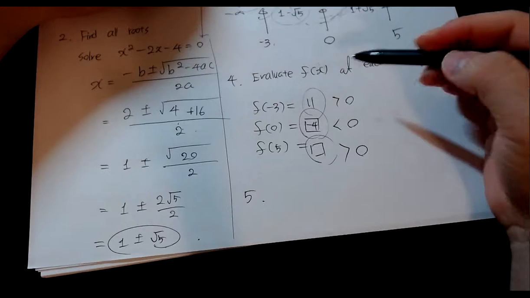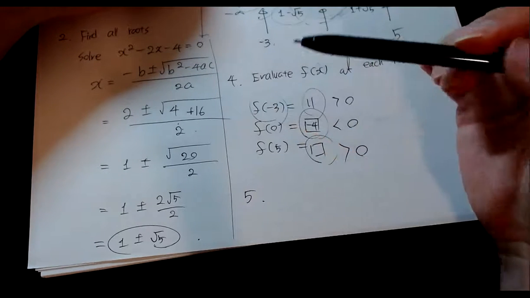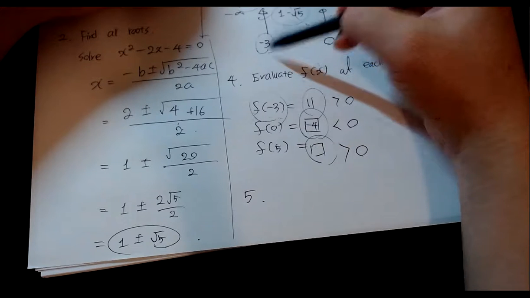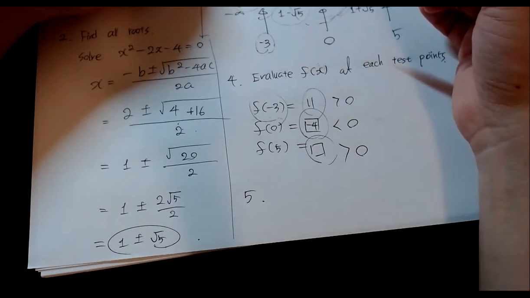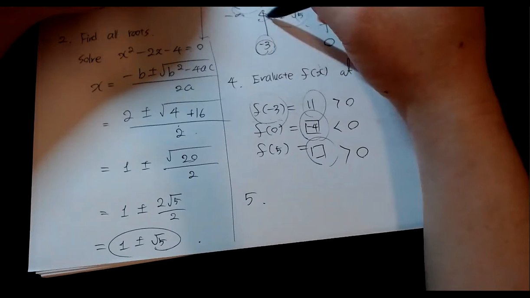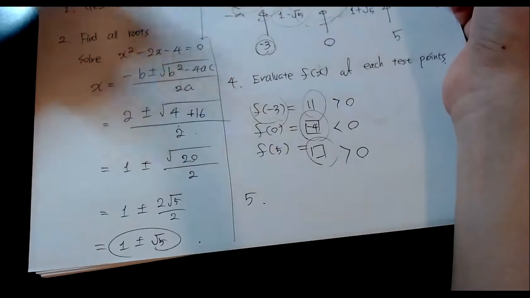It means that if the sign of function f at the test point is positive, then every single number in that subinterval must have a positive function value. So f of x is greater than 0.